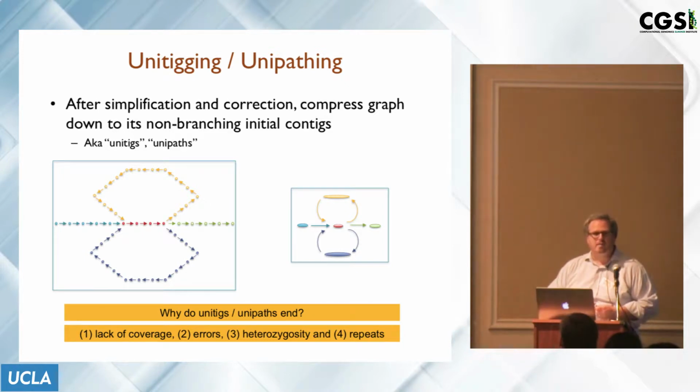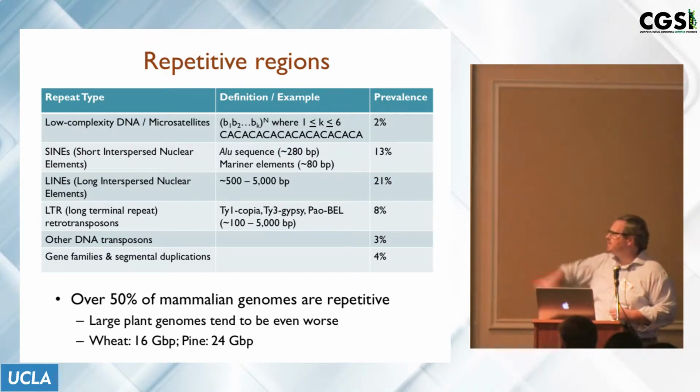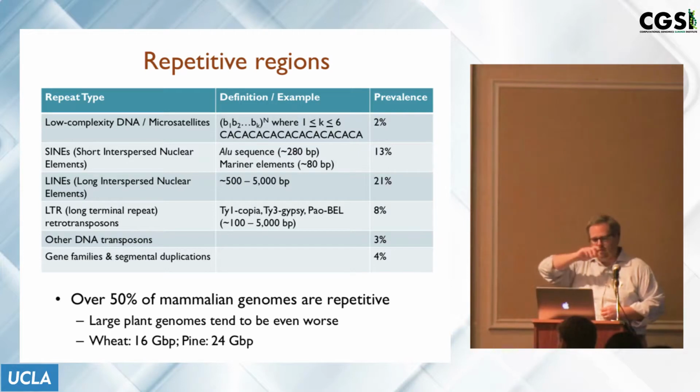In my mind, the number one challenge is repeats, because they're ubiquitous and really fundamental. Even with infinite coverage of error-free data, they're going to be challenging. Furthermore, mammalian genomes are bad news: it depends on how you count, but about 50% of mammalian genomes are repetitive, consisting of complicated stuff ranging from microsatellites to LINE and SINE elements, LTRs, transposable elements, and others.